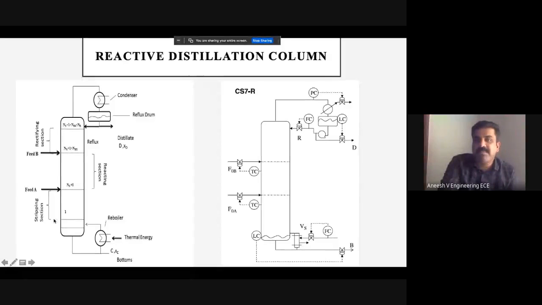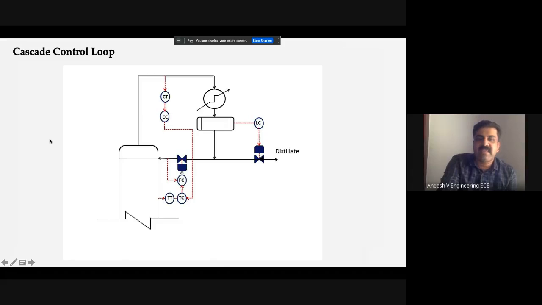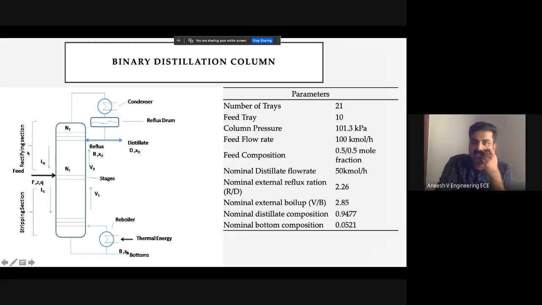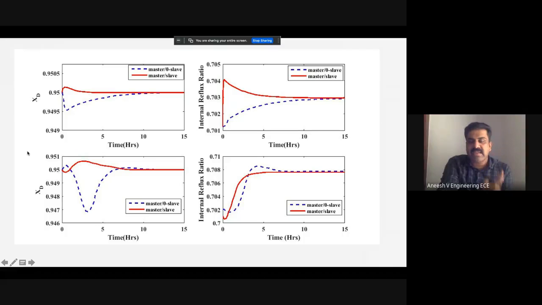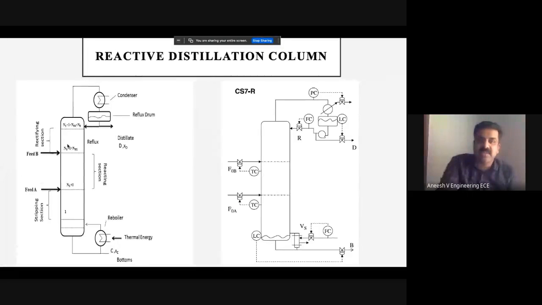In the binary case, we have a stripping section and a rectifying section, but there is no reacting section. But here we have stripping, reacting, and rectifying sections. So the reaction will take place inside this section.